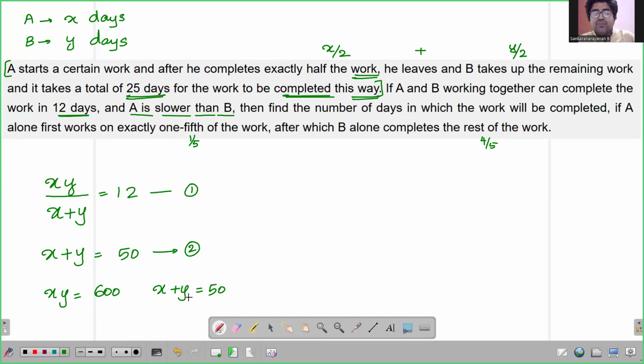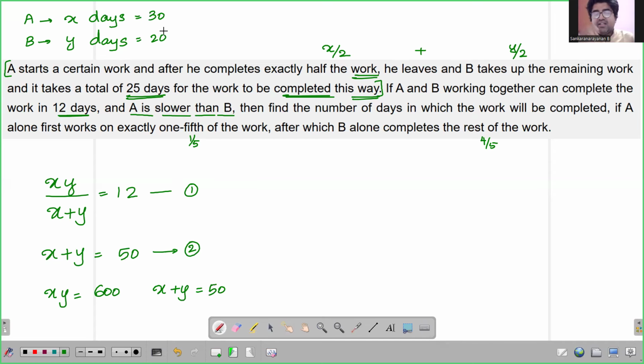Looking at these two, knowing that A will be taking more number of days than B, because A is slower than B, I can solve and see that X is equal to 30 and Y is equal to 20. Because 30 plus 20 is equal to 50, 30 is greater than 20, and 30 into 20 is 600.